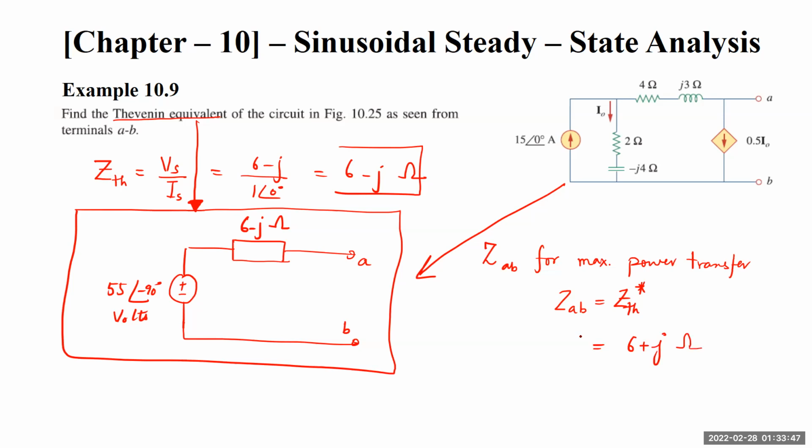For example, this has a minus j, so it means that it is a resistor and a capacitor.